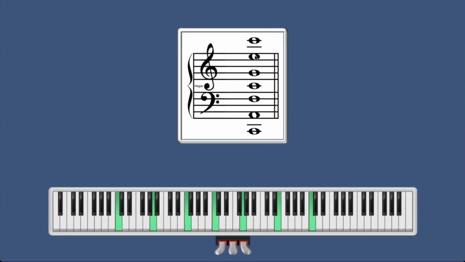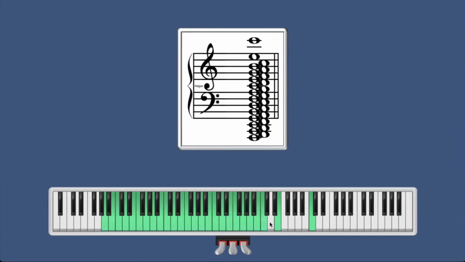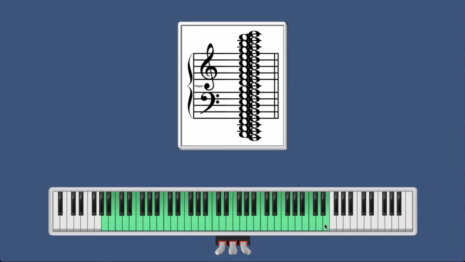And you're probably thinking, why do we have home notes? Here's why. Any note is either a step or skip away from one of my 7 home notes. That's true for here to there on the keyboard, which is the majority of what we'll play.